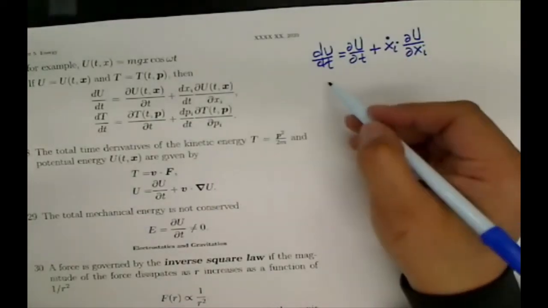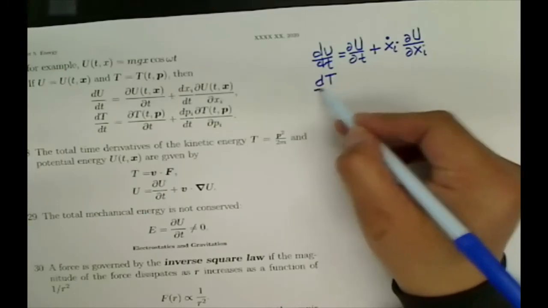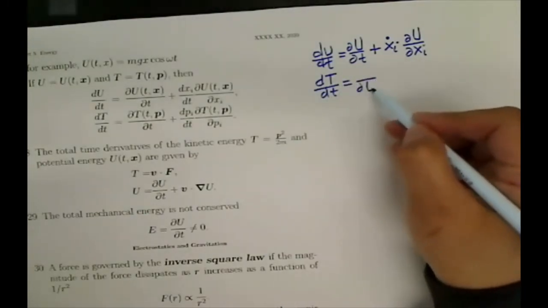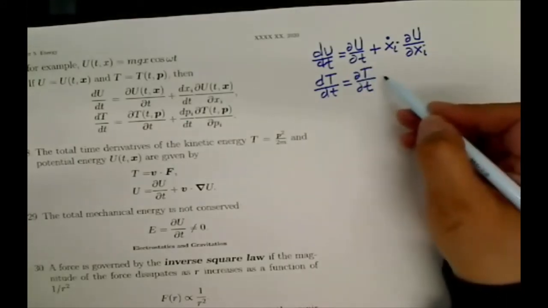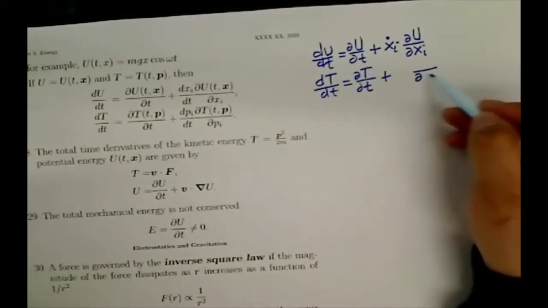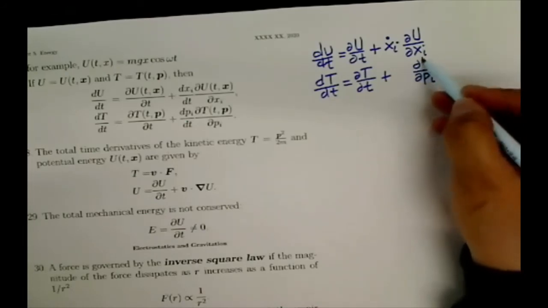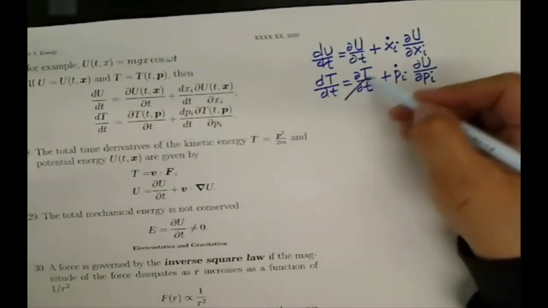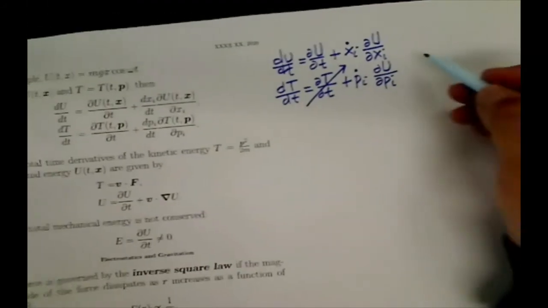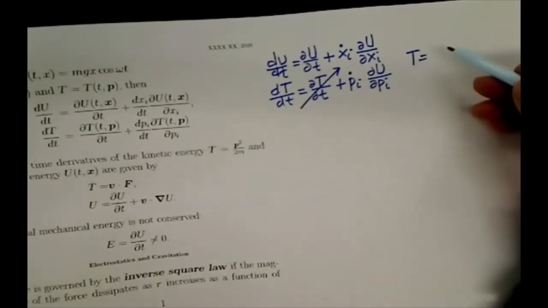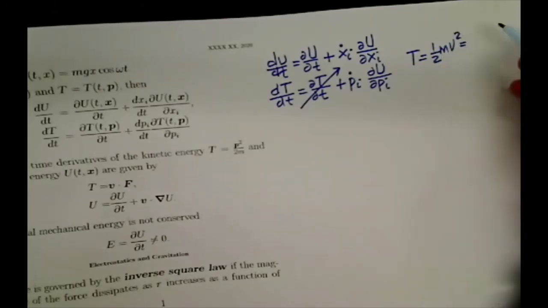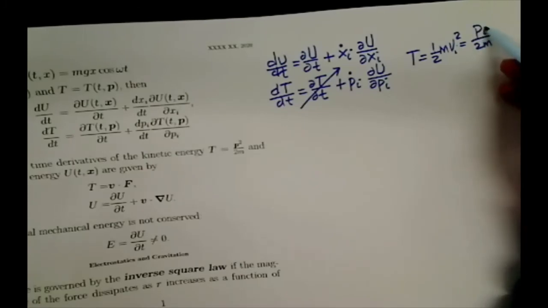In a similar manner, the kinetic energy's total time derivative is partial time derivative of kinetic energy plus kinetic energy depends on pi dot. But we know that this one is vanishing because the kinetic energy of a single particle is 1/2 mv squared or pi squared over 2m.